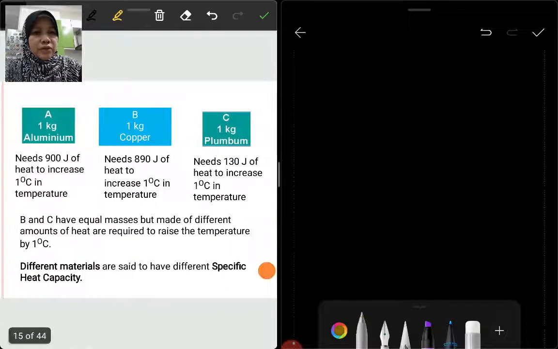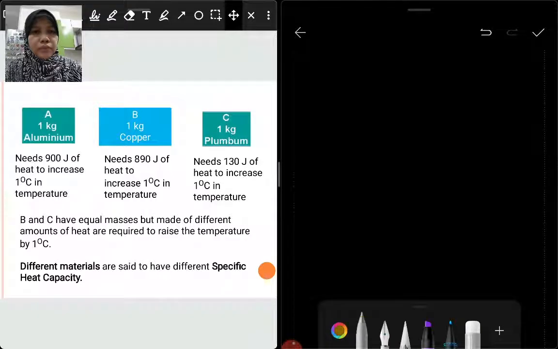Alright, we go to the next page. Look at the explanation here. This is the example. Look at the first one.